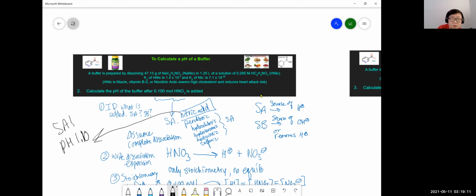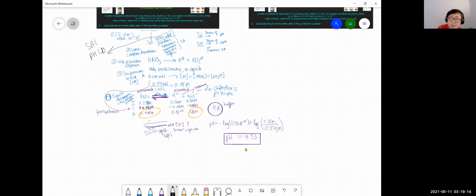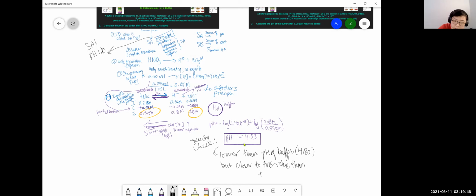But then you'll notice that the buffer is doing a pretty good job because it's not close to 1, it's closer to 4.8, which is the pH of the buffer. So for the sanity check: lower than the pH of the buffer, which is 4.8, but closer to this value than the added nitric acid.